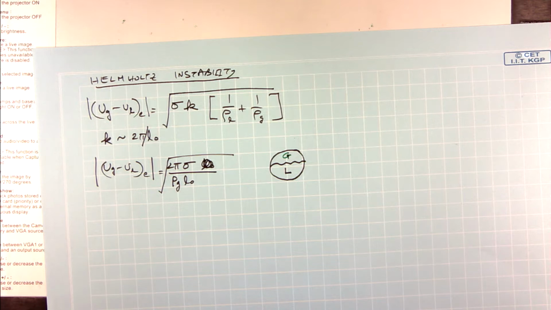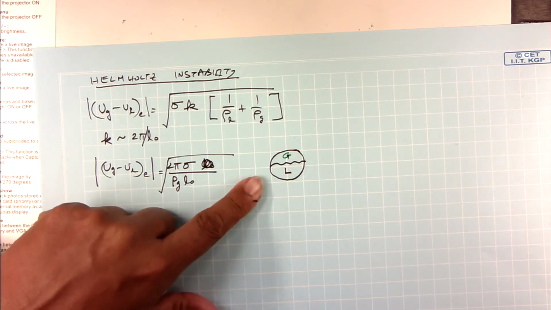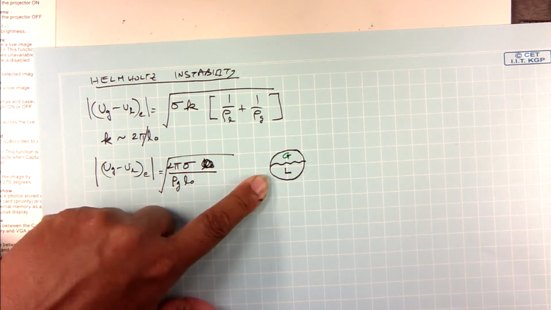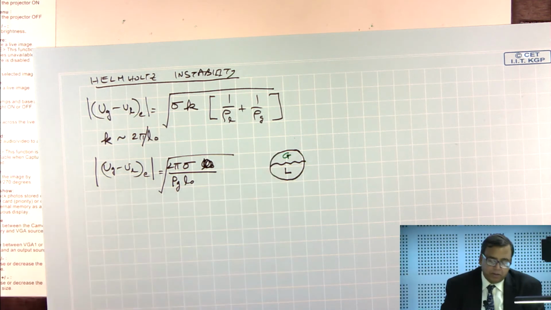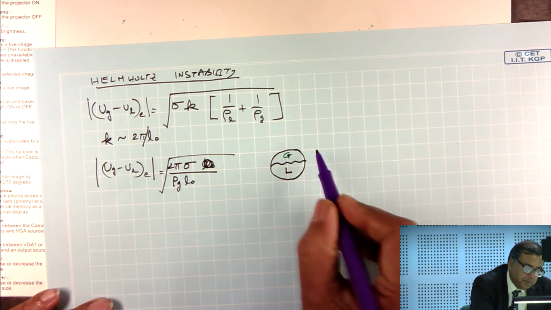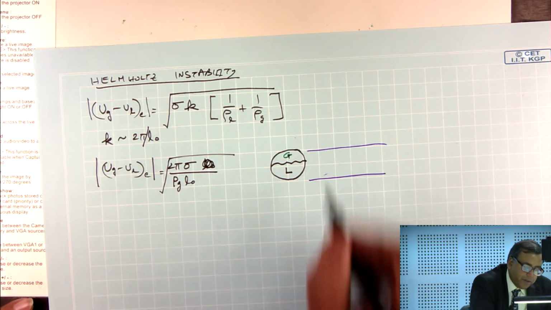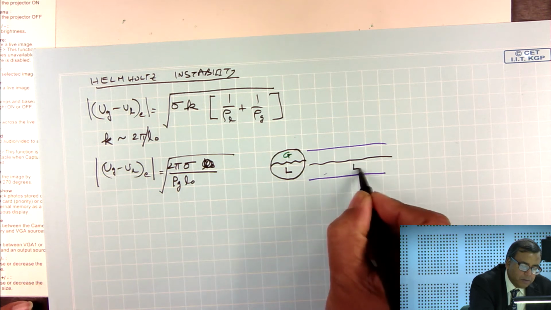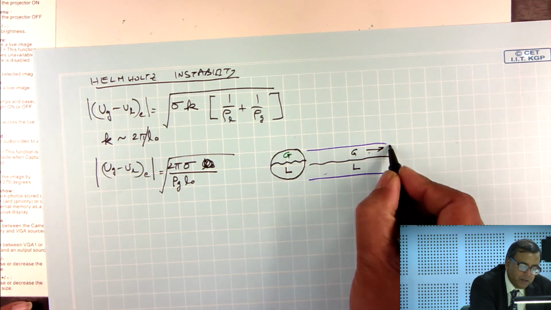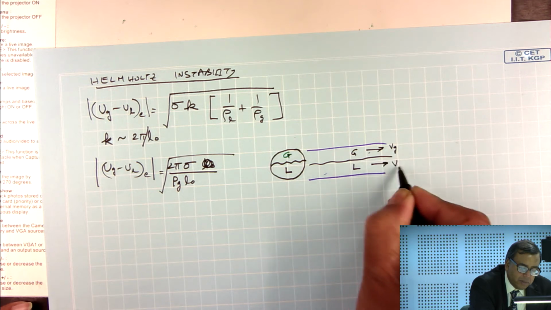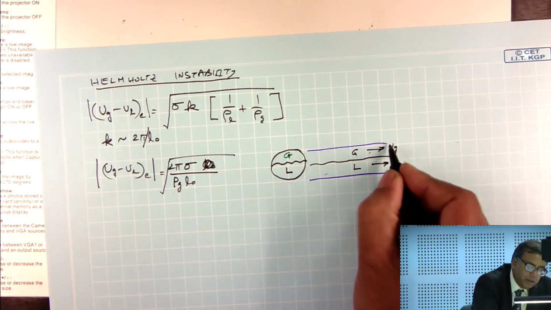But what Helmholtz instability is telling you is there is a maximum limit to which you can do pumping. Okay. Do you understand that? Because what happens is, if your pumping rate exceeds a certain value such that the difference in velocity... So, if I look at it in the side view, okay, my liquid vapor interface, my gas is flowing with a certain velocity, my liquid is flowing with a certain velocity, or let us call it UG and UL.